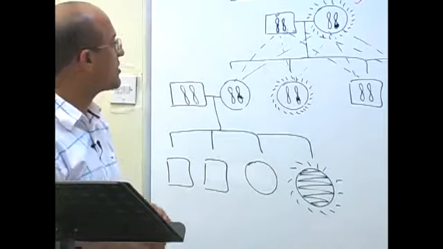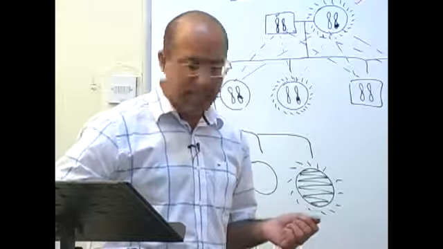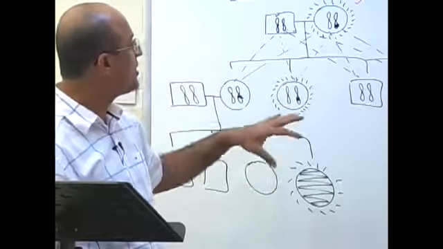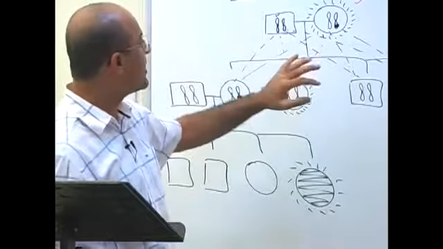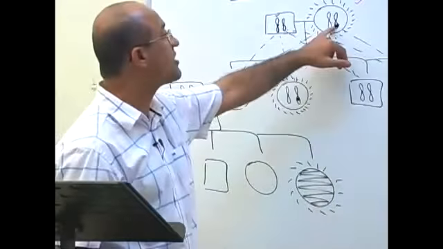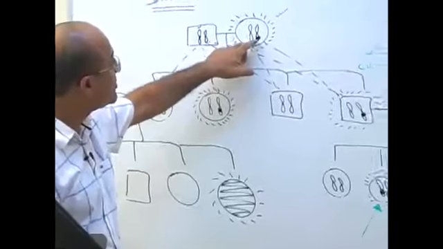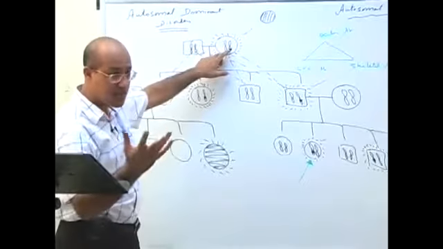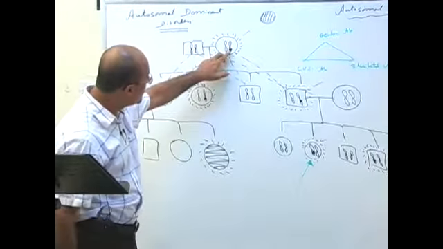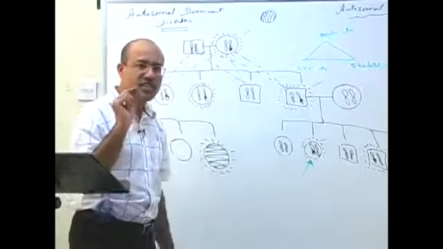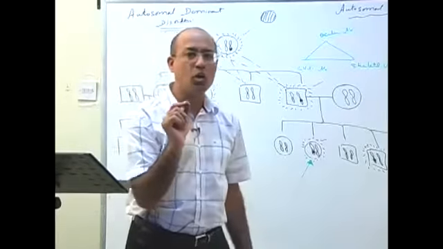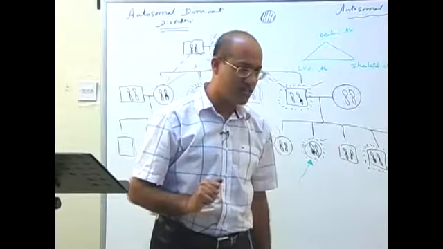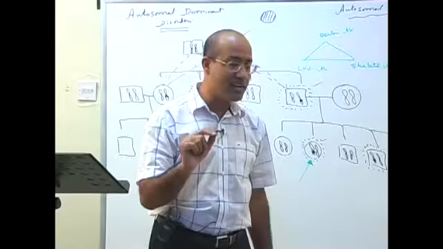Now another thing which I want to show, let's suppose we change the disease. I say this is not Marfan syndrome, it is some other chromosome, and I'm taking another example just to explain. Let us suppose this gene is making receptors for low density lipoproteins, LDL receptors.